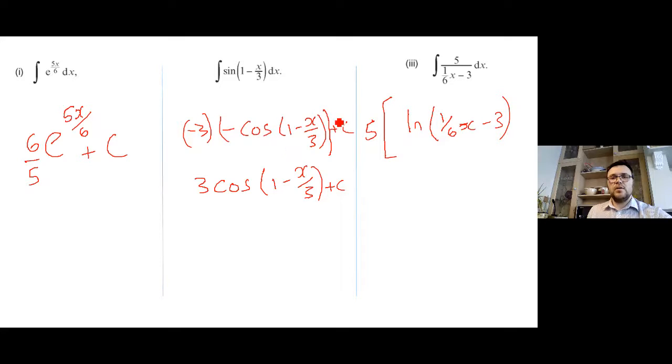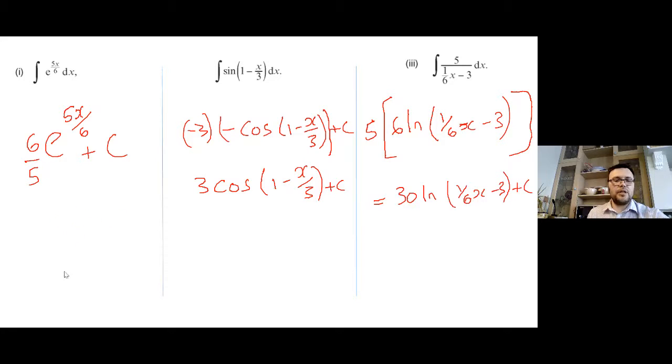And not only that, if we were to differentiate this using the chain rule, you differentiate inside, so there's going to be 1/6 log 1/6x minus 3. Well, that's 1/6 too big, so to counteract that, we would put a 6 there. So when expanding this, it would become 30 log 1/6x minus 3 plus c.